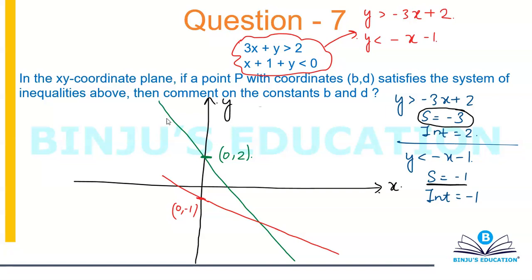Again, now let's take care of the inequality part. For the green line, that is the first line, we have y greater than, so we'll take the region that lies above the line. For the second one, we have y less than, so we will take the region that lies below the line.